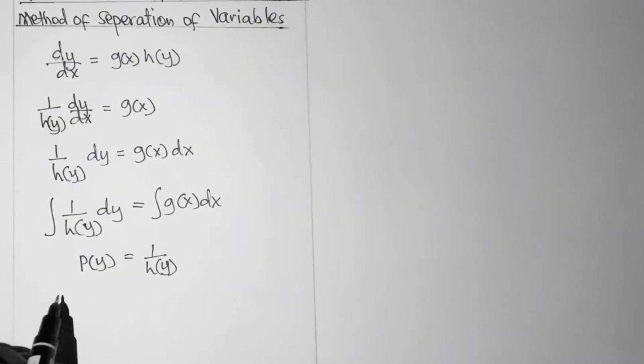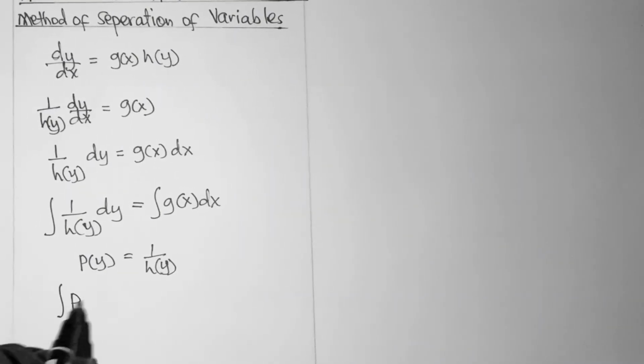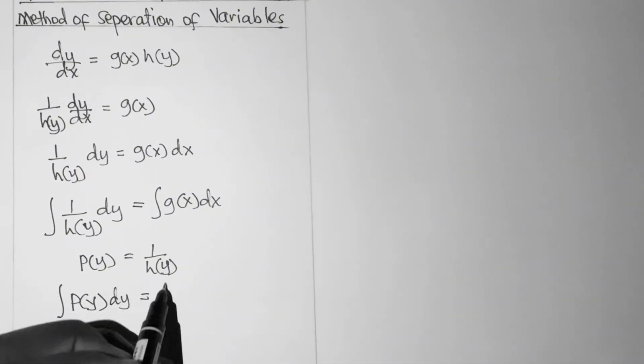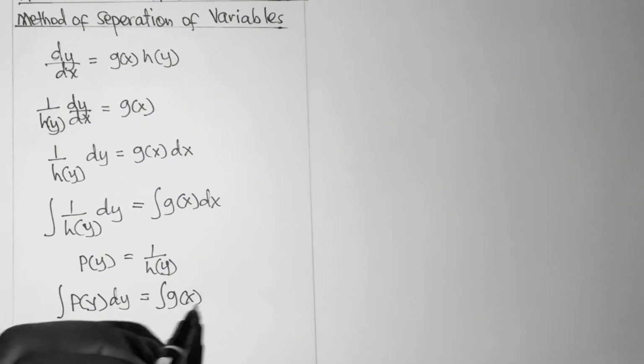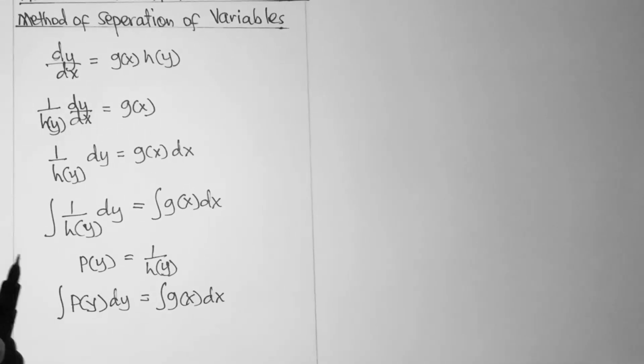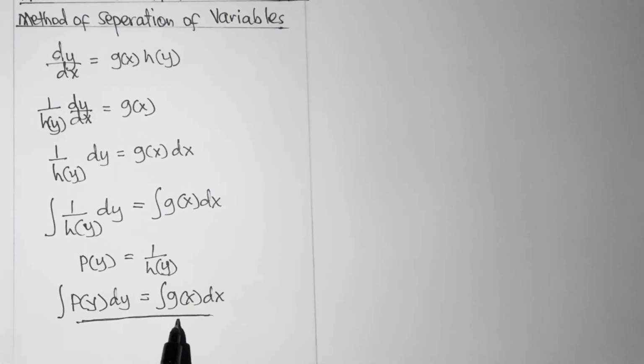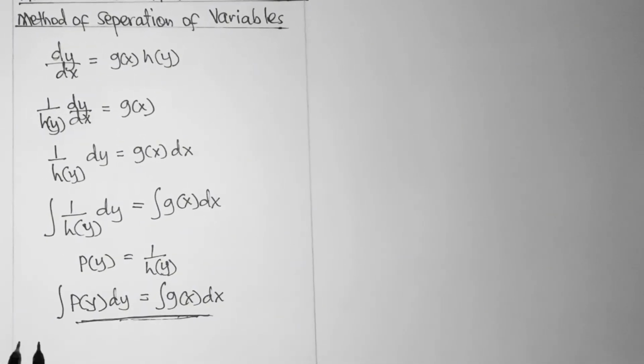So this integral becomes the integral of p of y dy, and that is equal to the integral of g of x dx. So anytime we are given a first order differential equation and we are able to separate it into this form, then this is what is called the method of separation of variables. So let's take some examples.